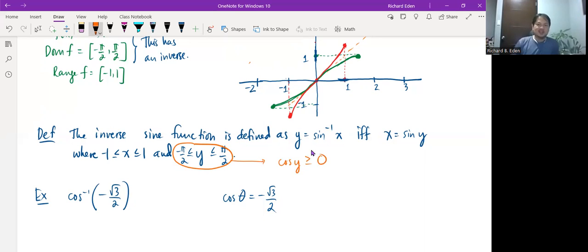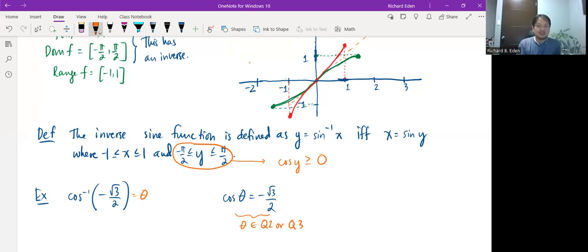Okay, so cosine theta is negative square root of 3 over 2. So this means theta is in quadrant 2 or quadrant 3. However, because theta is a cosine inverse function, that means the partner function sine should be greater than or equal to 0.